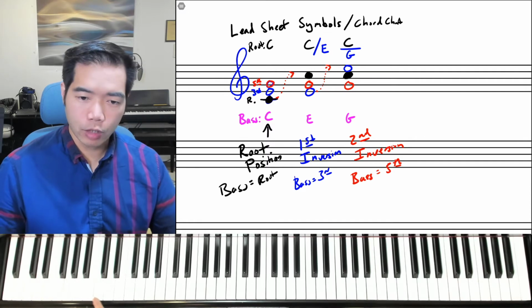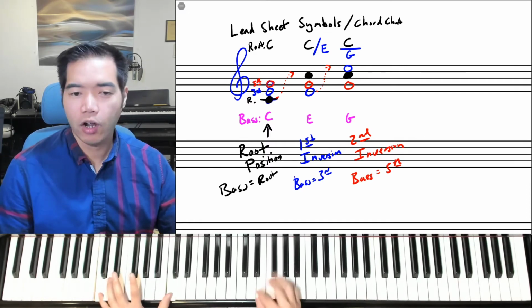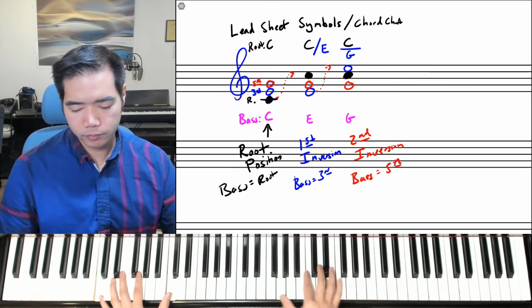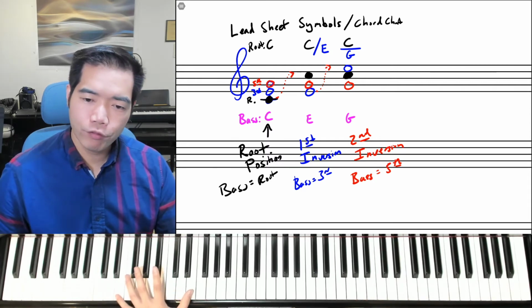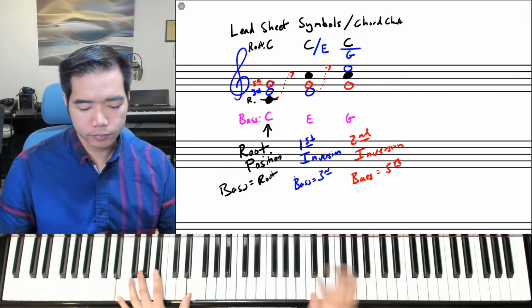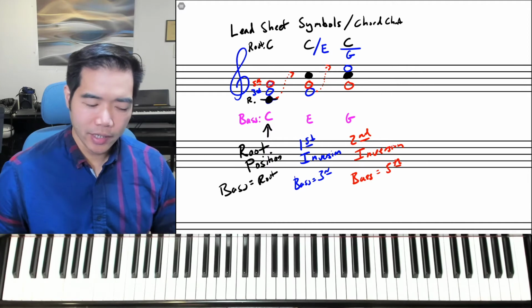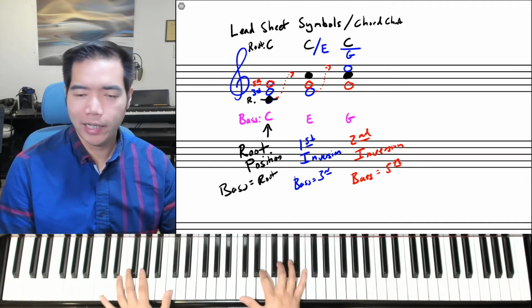So I'm going to start with the root. Here's my root, C. I can do two C's, that's an octave. But listen to how it sounds differently now if my bass note is the third of the chord, E. Feels completely different. It doesn't feel as strong as a root position C major triad.